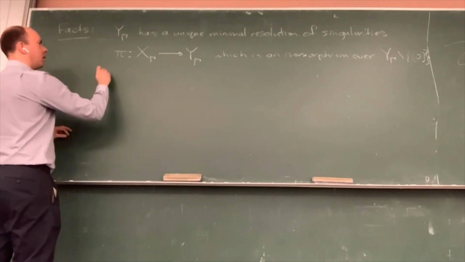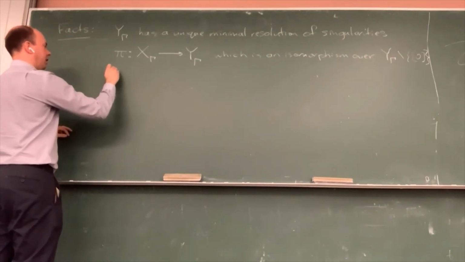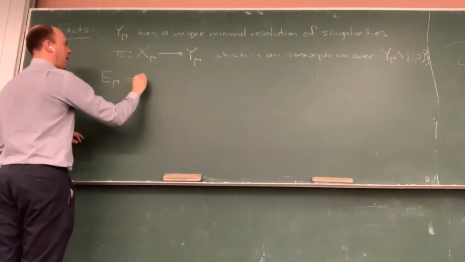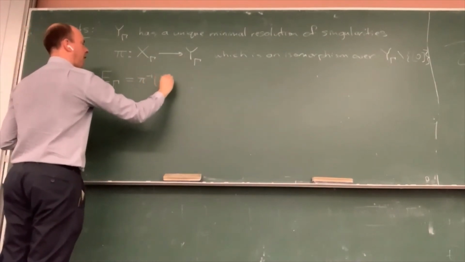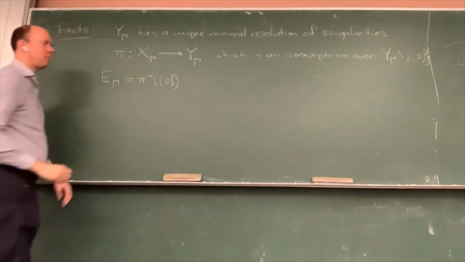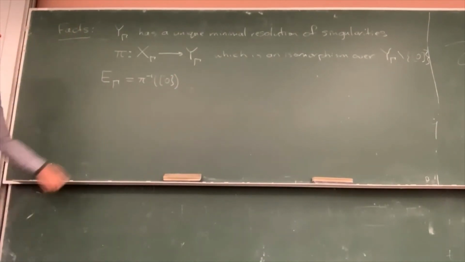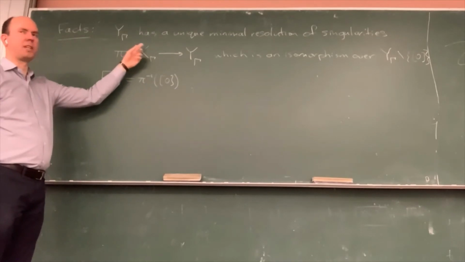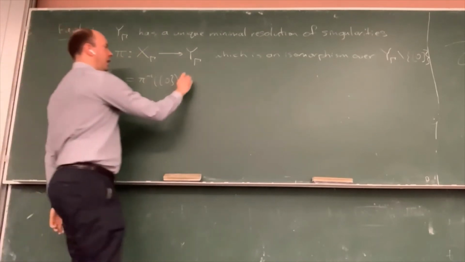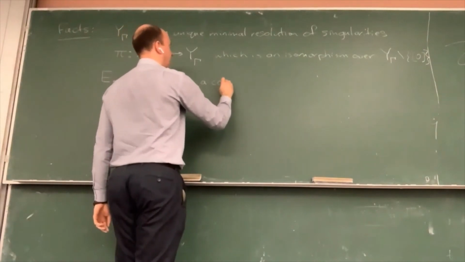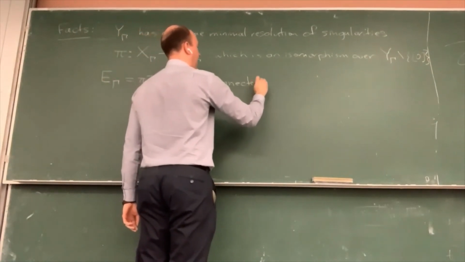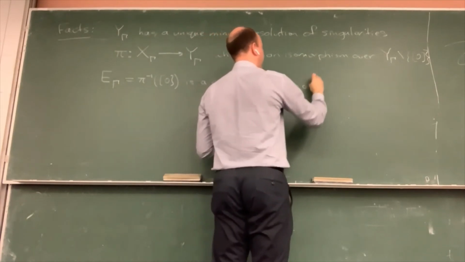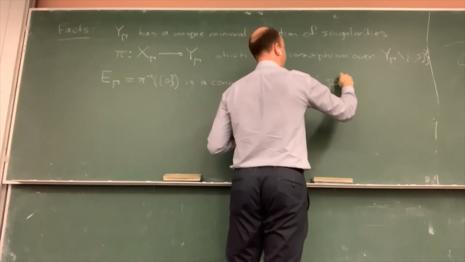So the exceptional locus, as it's called, E gamma, the fiber over the singular point here, so some closed subvariety of X gamma, is a connected union of projective lines.